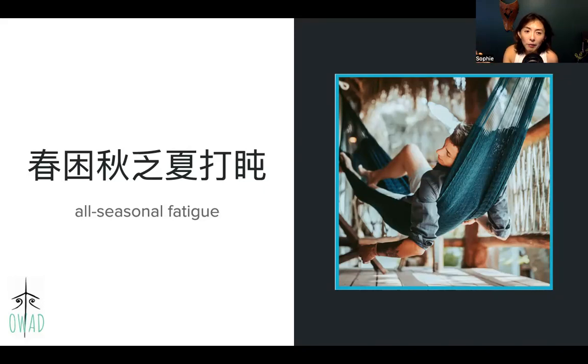But 春困秋乏夏打盹 is a Chinese kind of long-winded way to say you're tired. You don't want to really put in a lot of effort, and you feel tired throughout the seasons. And what you really want to do is to take a nap.